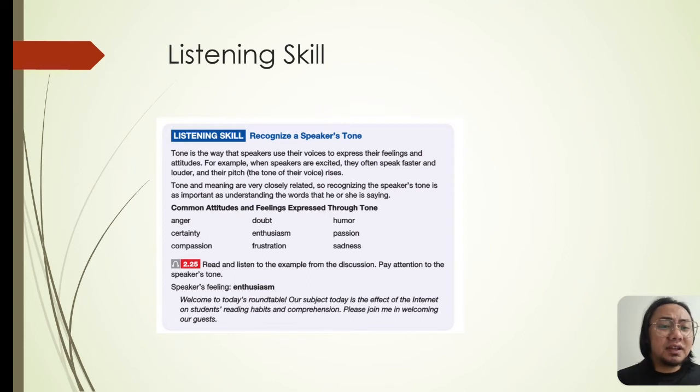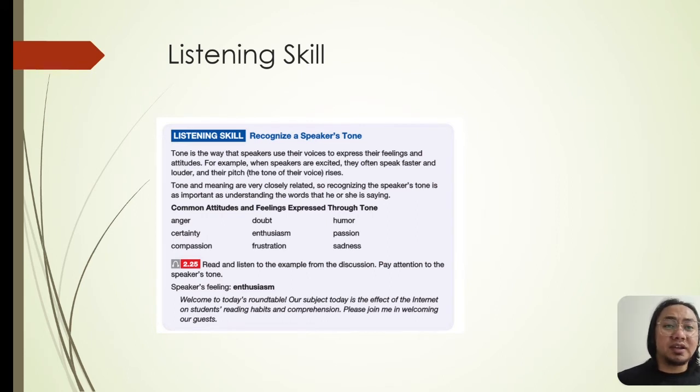For this particular skill, we need to recognize a speaker's tone, because usually the tone and also the content of the speaker's idea or speech will be interrelated. So when a speaker is trying to convince you, it will give you certainty.